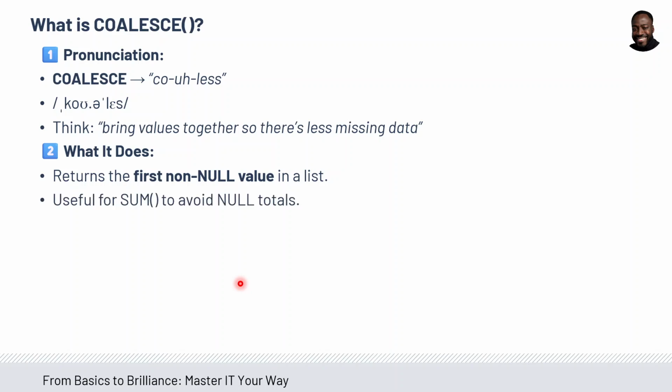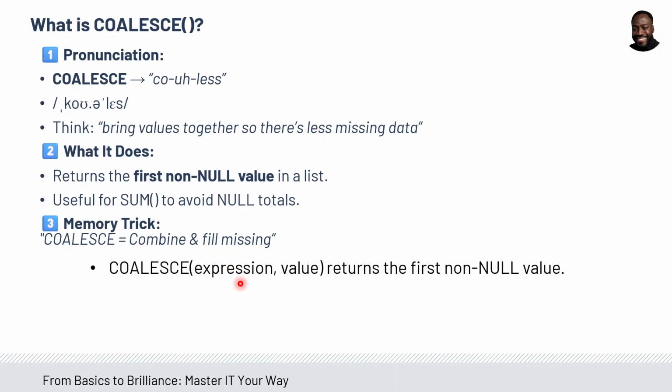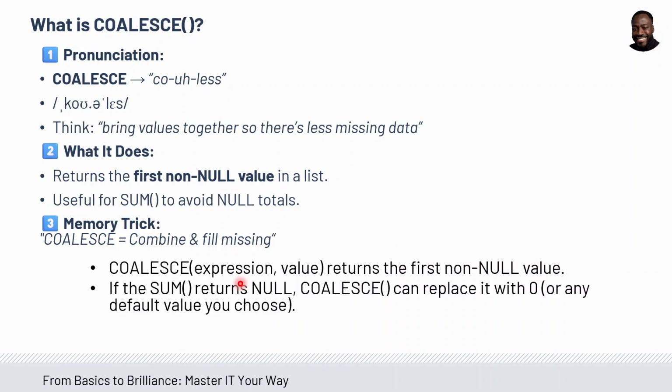It's useful with SUM to avoid null totals. So the memory trick is COALESCE: combine and fill missing values. With COALESCE, we have an expression, then the value. The value can be 0 or 1 or 2; it returns the first non-null value. And if the SUM returns null, COALESCE can replace it with 0 or any default value you choose.